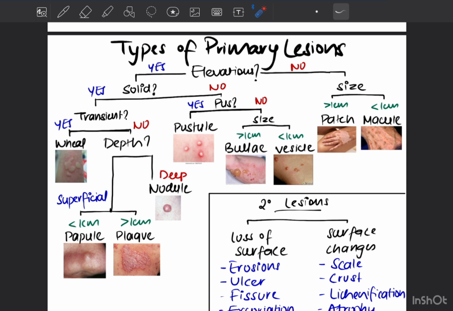Papule, which can be a wart, which is less than 1 centimeter, superficial and chronic.